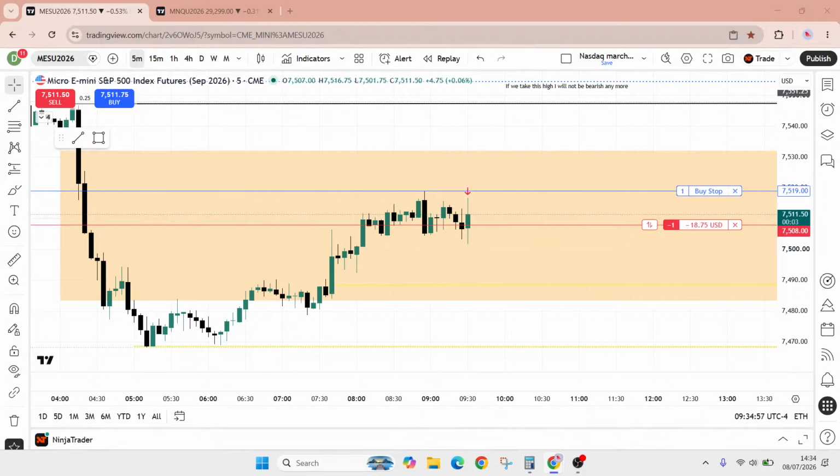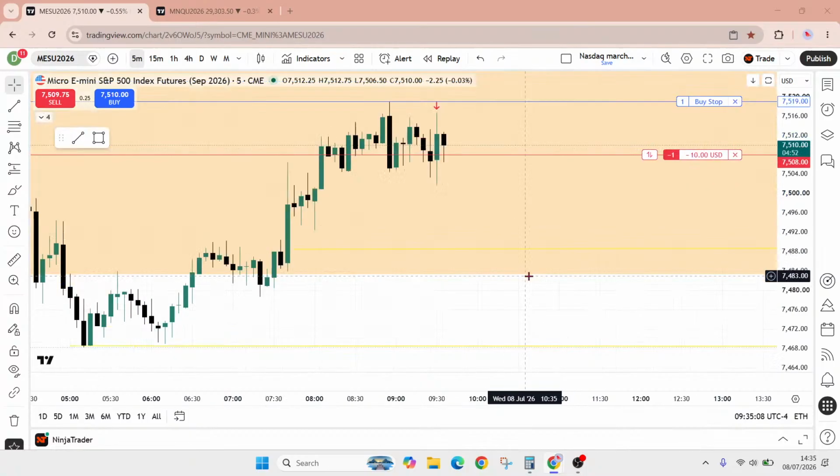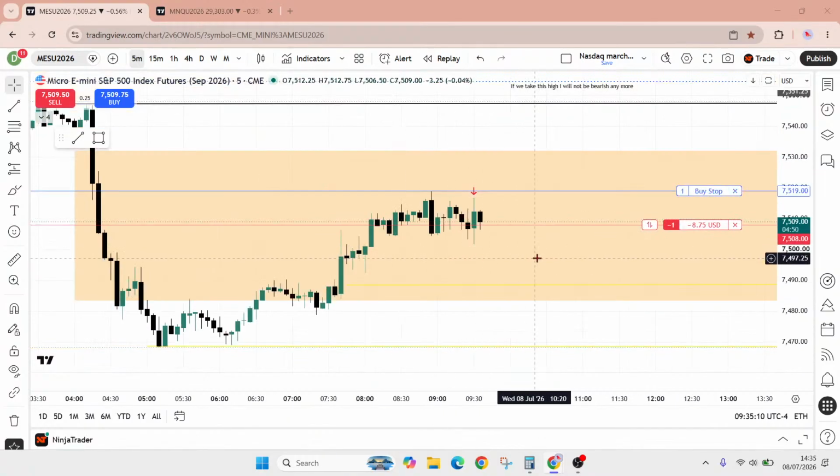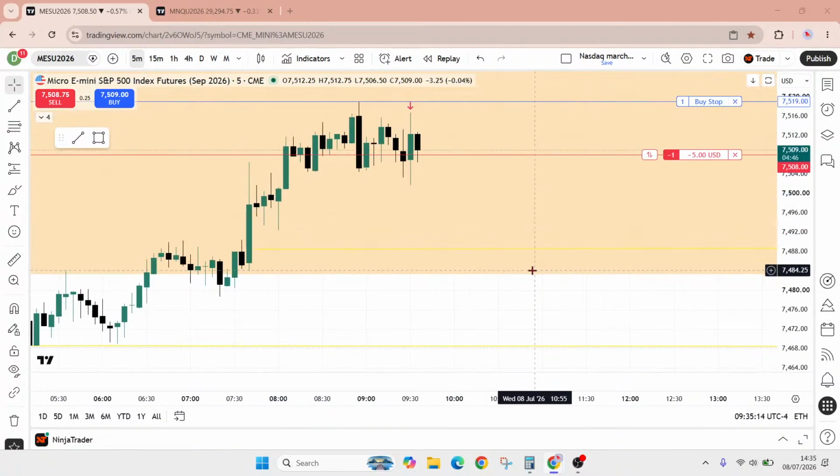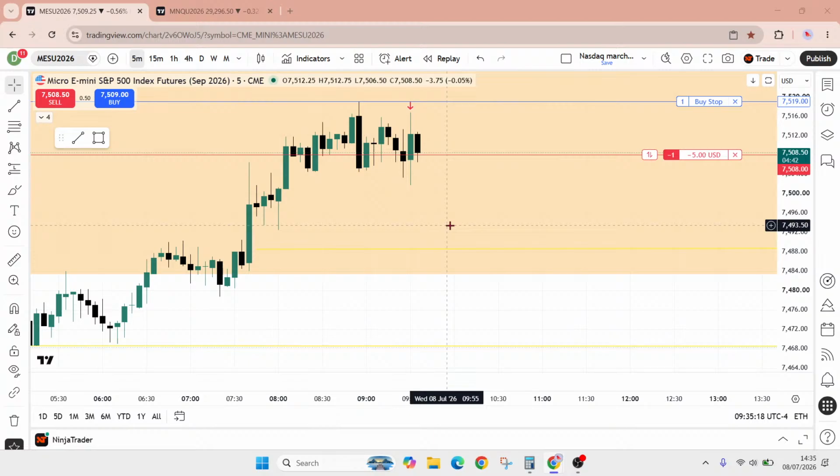Based on what NQ is doing, I wouldn't add. That is a bullish engulfing candle. That is not good.